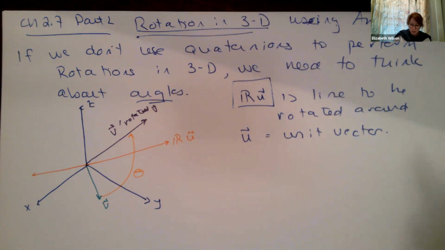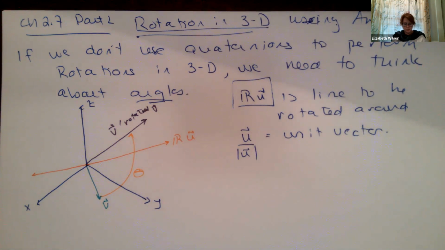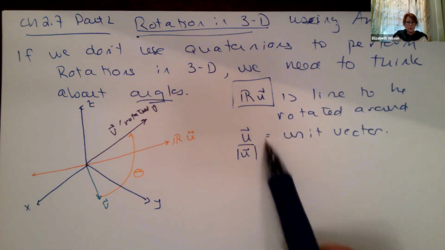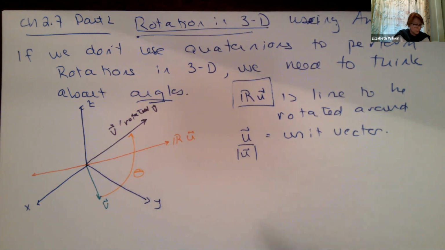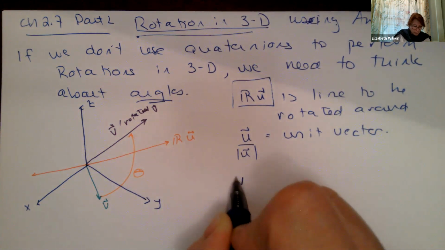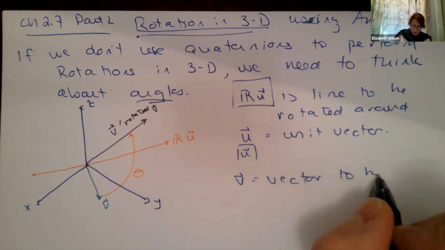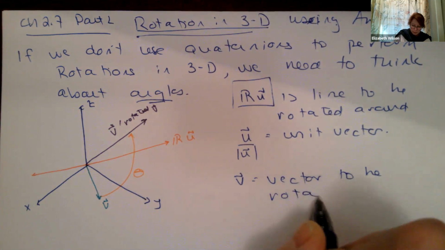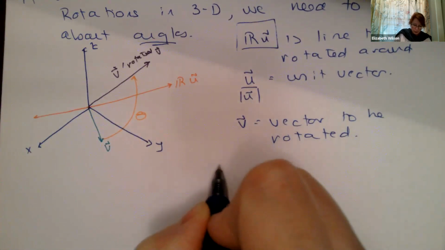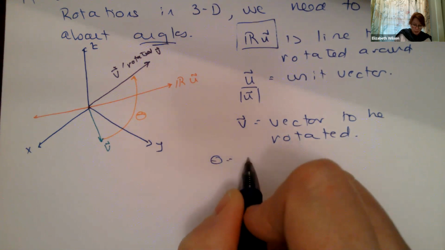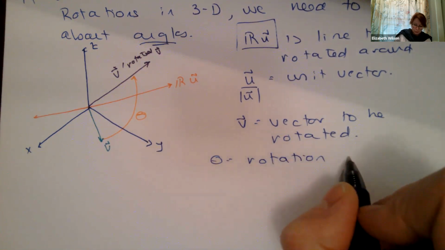Okay, so now let's write down what we have here in our pieces. RU is the line to be rotated around. And then this u is going to be a unit vector. When we actually do this, we also have to use a unit vector. So remember, this vector here gets converted into a unit vector. V is our vector to be rotated. Theta is the rotation amount. Angle.